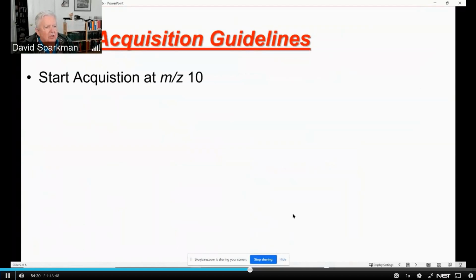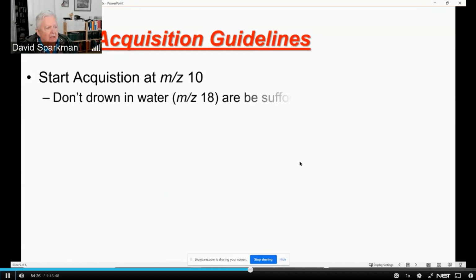Data acquisition guidelines. Where should you start your acquisition? Start the acquisition at M/Z 10. Don't drown in water or be suffocated by bad air.